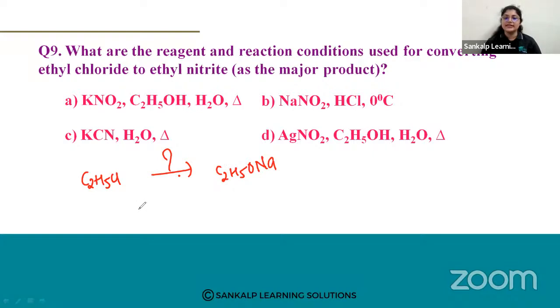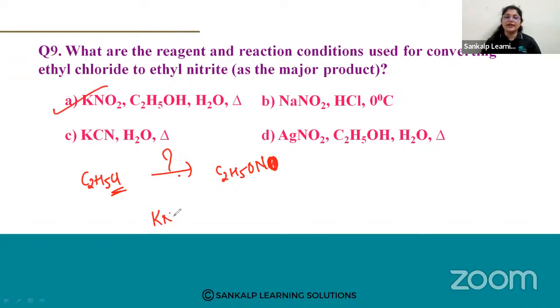Sanjay has replied C. From chloride to nitrite. So the reaction condition used is A.